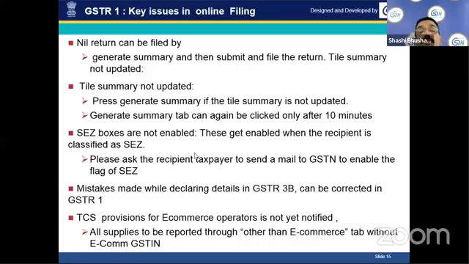Such cases have been flagged as SEZ, but in those cases where people had uploaded invoices or had filed some return, a mail has been sent asking them to send a mail that they are an SEZ unit, and then the technical team of GSTN and Infosys will enable the SEZ flag. So in case your recipient does not have an SEZ flag, but is an SEZ unit, you should ask your recipient to send a mail to GSTN and get their SEZ flag enabled.